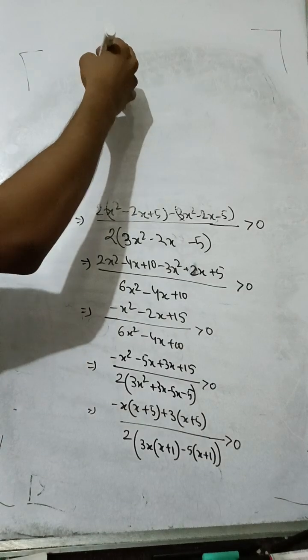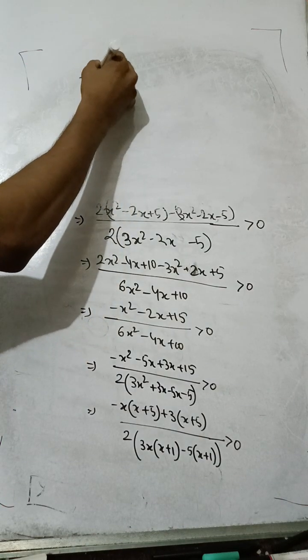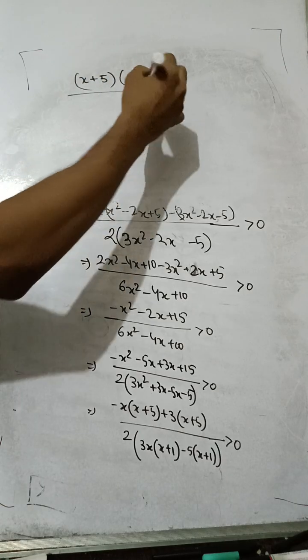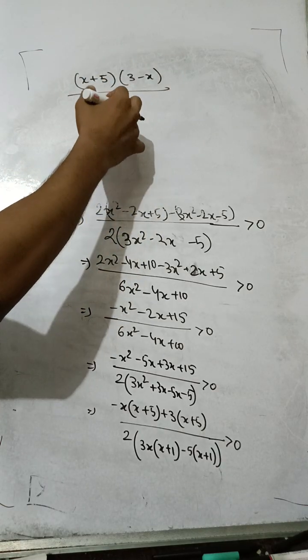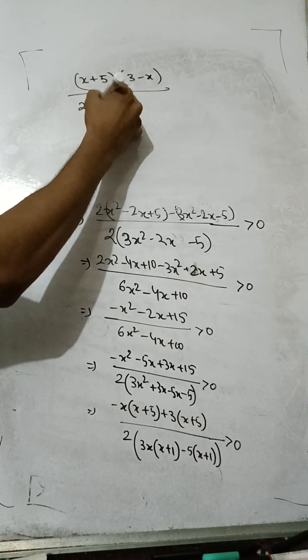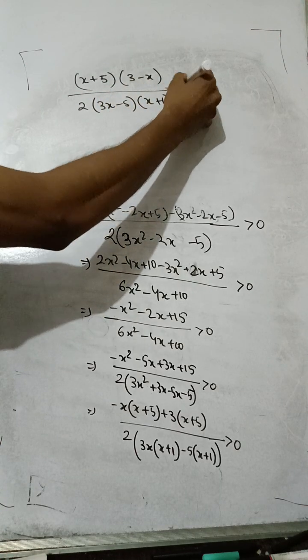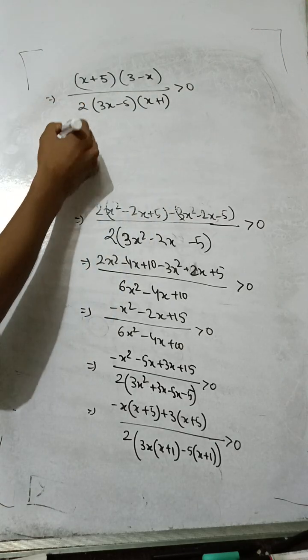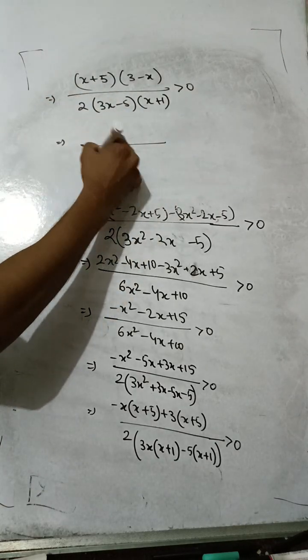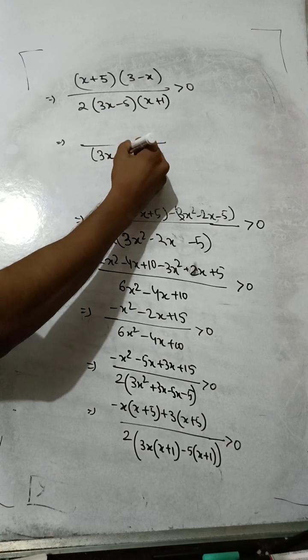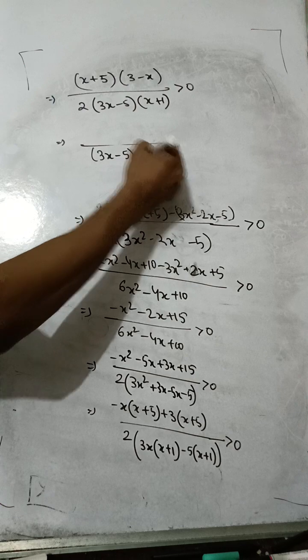Alright, so (x plus 5)(3 minus x) whole divided by (3x minus 5)(x plus 1). This is positive, so we can multiply both the sides by 2, we get something like this.